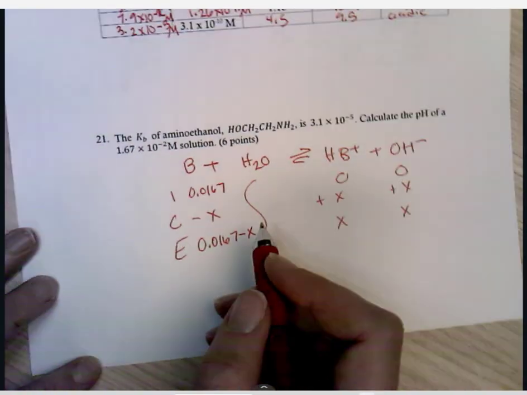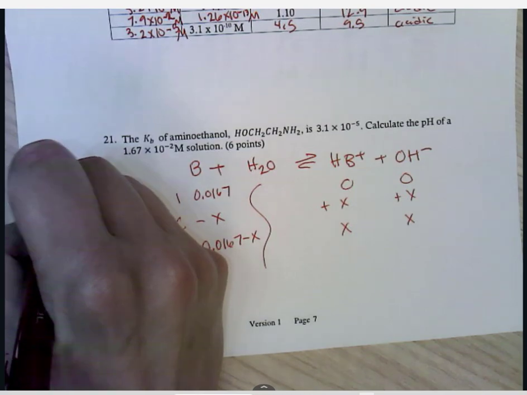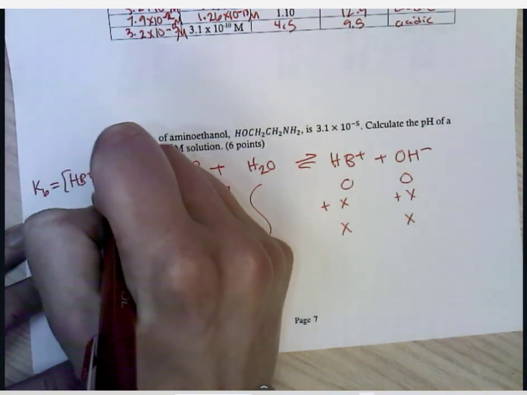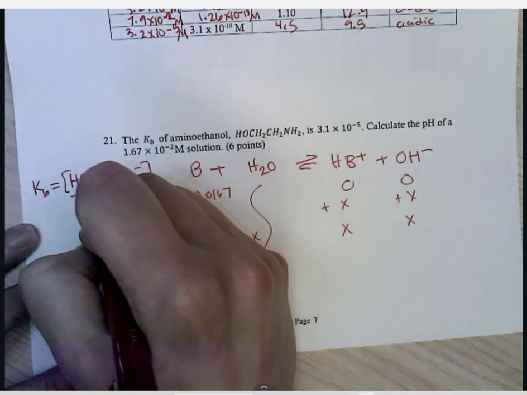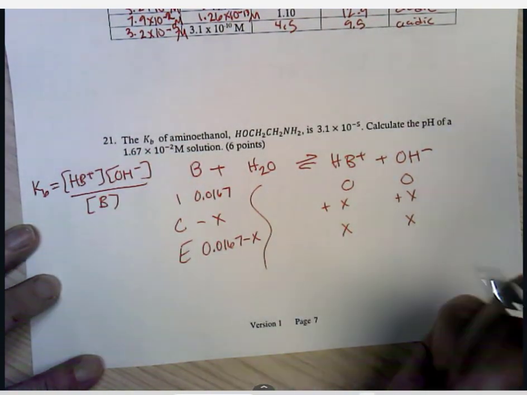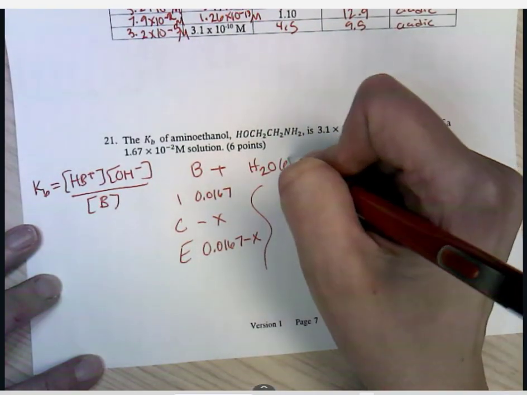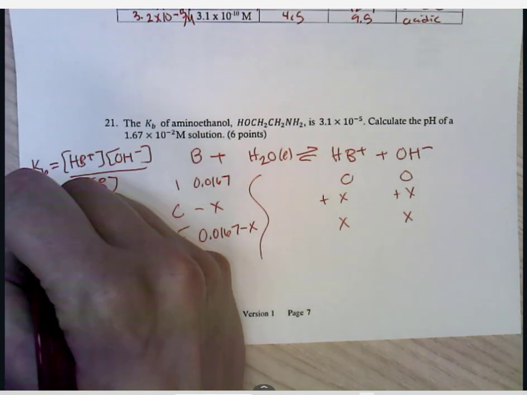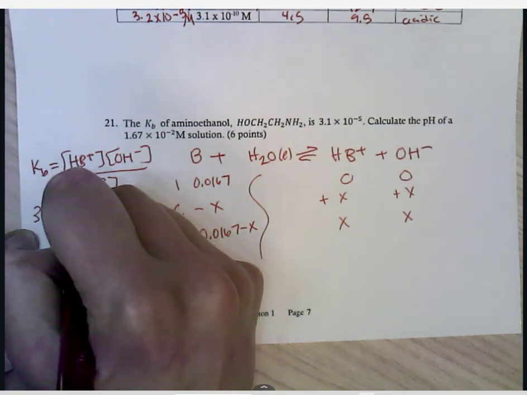Then for my equation for K, I would put products on top. That's HB plus and OH minus divided by the base on the bottom, and water doesn't get included because it's a liquid. The Kb was given to me as 3.1 times 10 to the minus 5.